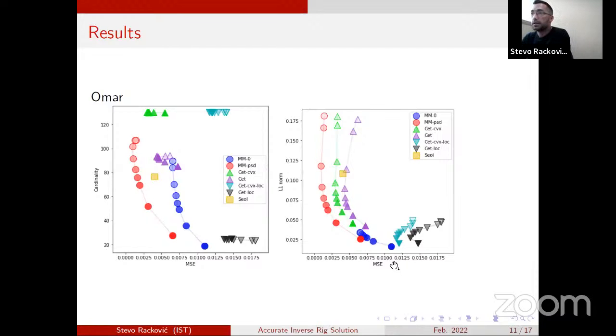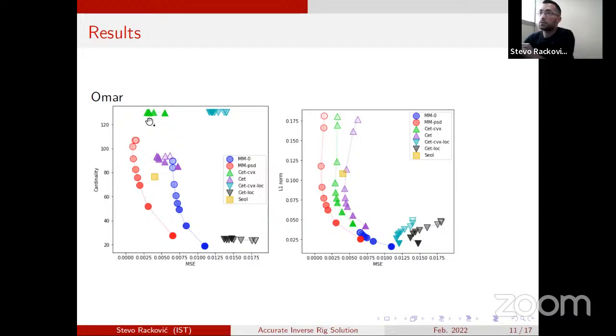In this case, we show how the values of the metrics behave for each of the approaches. The first plot is for the first character, and this is the trade-off between mesh error and cardinality of the weight vector. Our model with zero initialization is the blue one, and with pseudo-inverse initialization is the red one. We can see that the red curve is below the others.